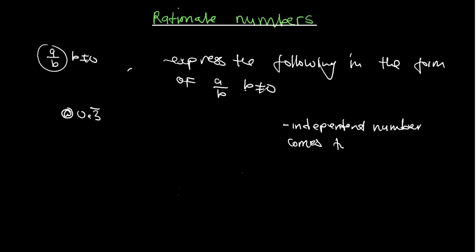All right, so make sure that the number that is independent, in this case we don't have a number that is independent, then what do we do?